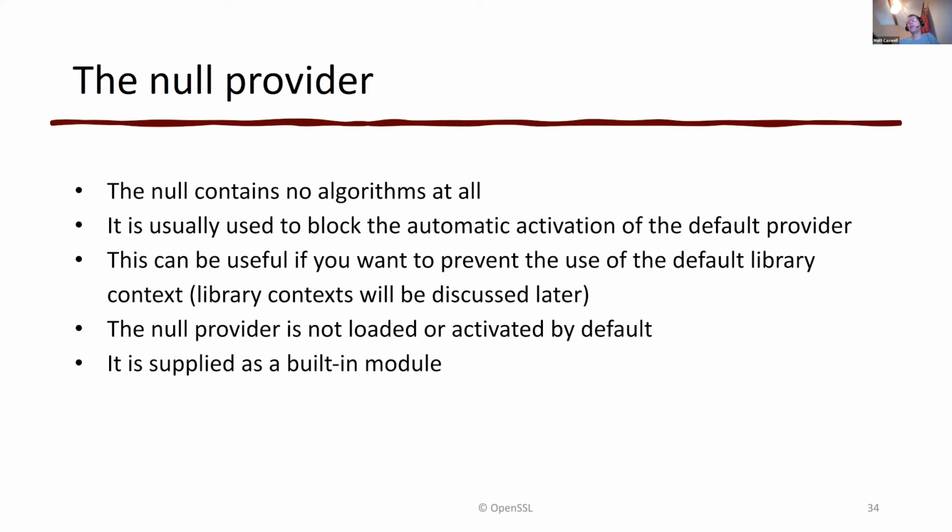So as I mentioned earlier, if you don't do anything with providers, you don't have any explicit config or explicitly load it programmatically, then the default provider will just automatically load itself. And sometimes you don't want that to happen. We'll come back to this later on when I'm talking about the FIPS provider again. I'll give an example of where that can be used. It's not loaded or activated by default, and it is a built-in module.